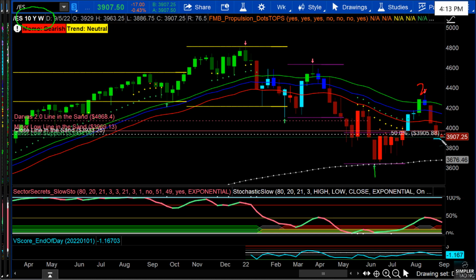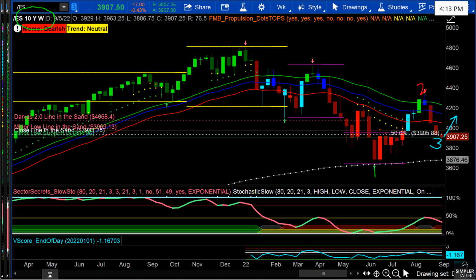Usually I prefer about a 50% pullback, and that's exactly what we have here. Potentially, if this holds, that could be a 3. The next week's candle would have to not put in a lower low than the one we have so far this week. So whatever the low is today, that low has to be intact for this to be a 3 point. That's the retracement.